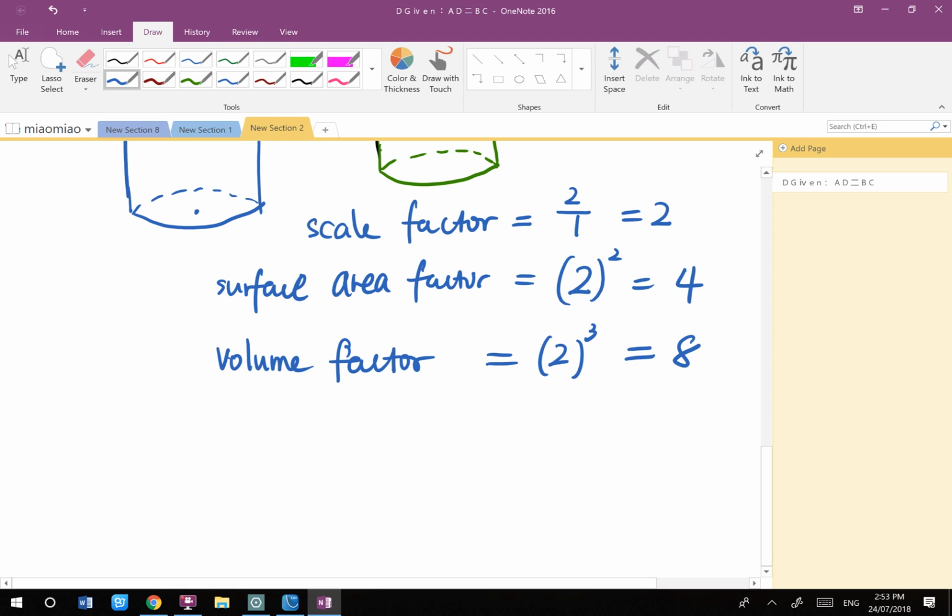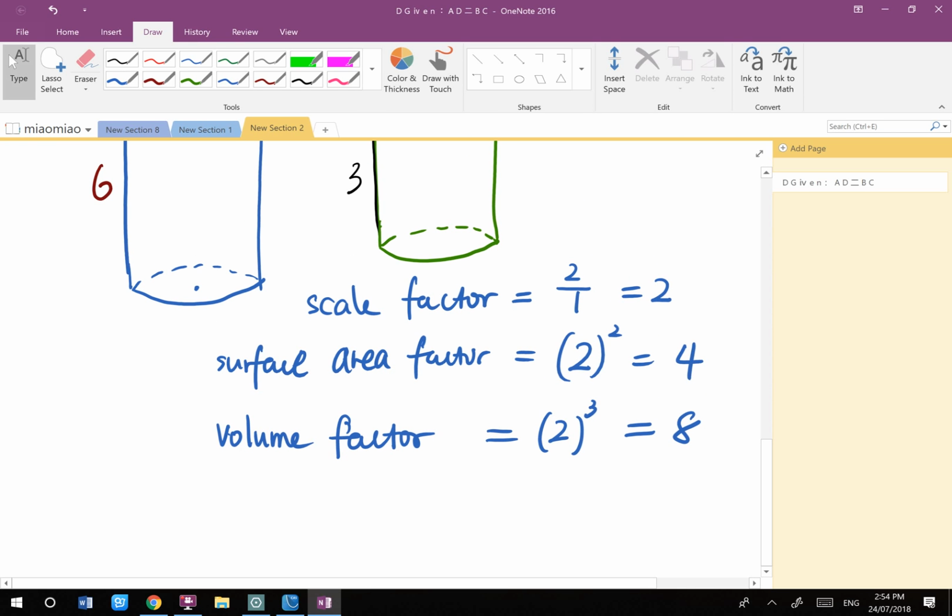That's what we have for this exercise, but we focus on 2-dimensional shape questions more. So area factor is the square of the scale factor, and the volume factor is the cube of the scale factor.